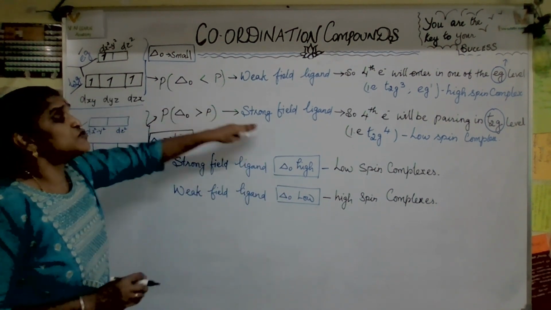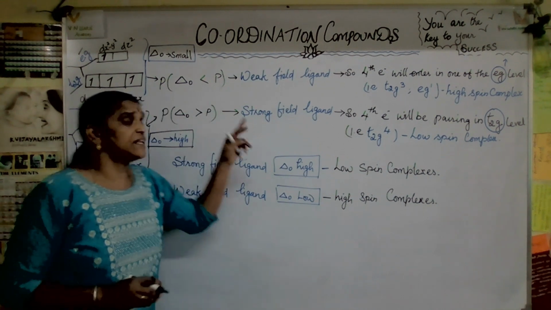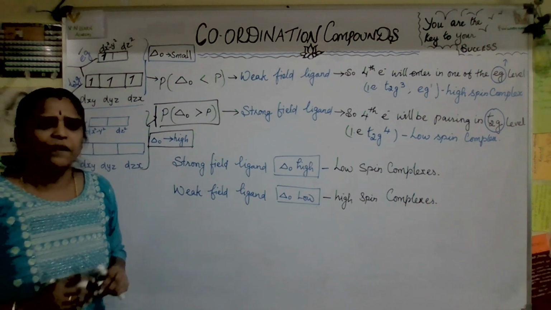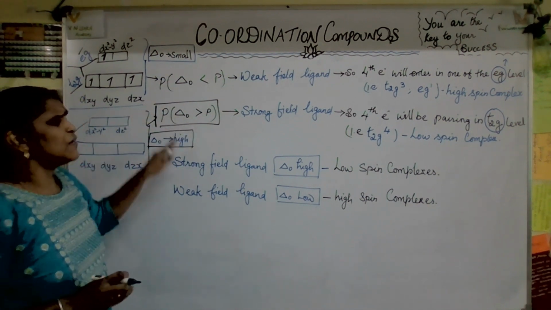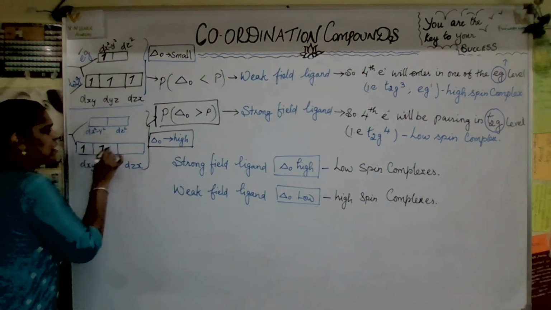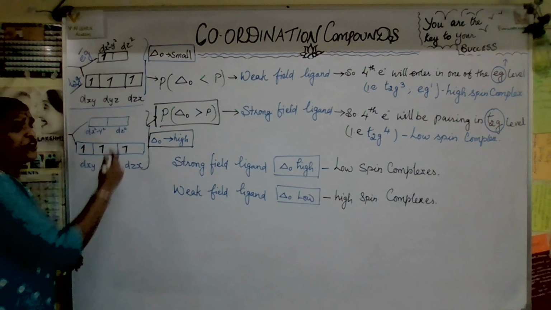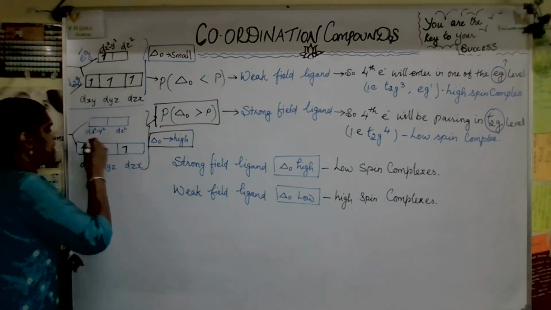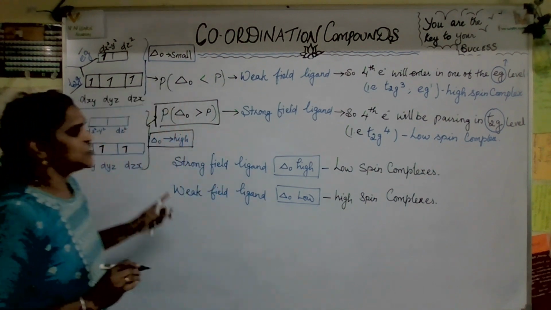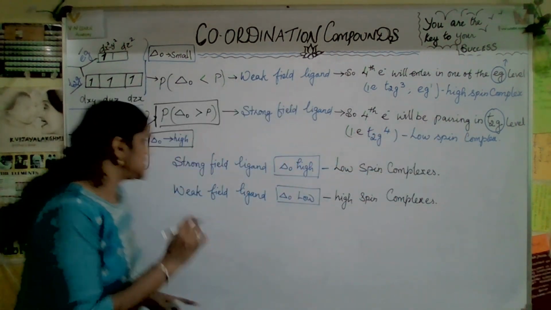Now, strong field ligand means delta naught is larger than P. Suppose four electrons are there. According to Hund's rule, the first three occupy singly. The fourth electron will not go to the Eg level; it will pair up in the T2g level only.